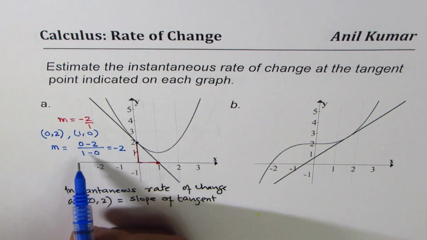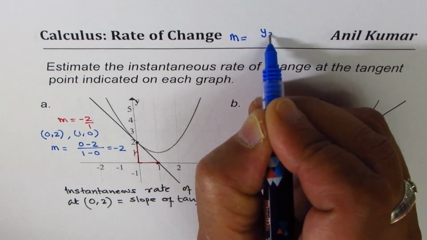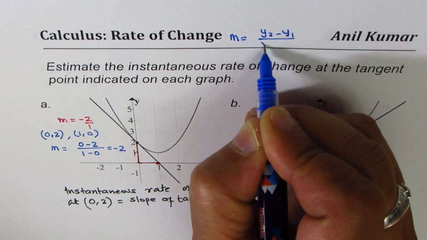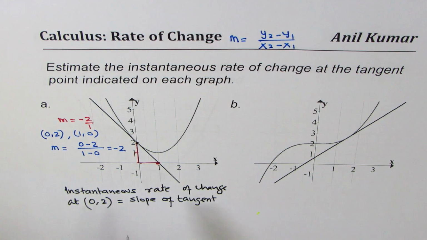So we have applied a very simple formula, slope equals y2 minus y1 divided by x2 minus x1. Remember, the slope of the tangent line is the instantaneous rate of change at a given point. So that is the principle.